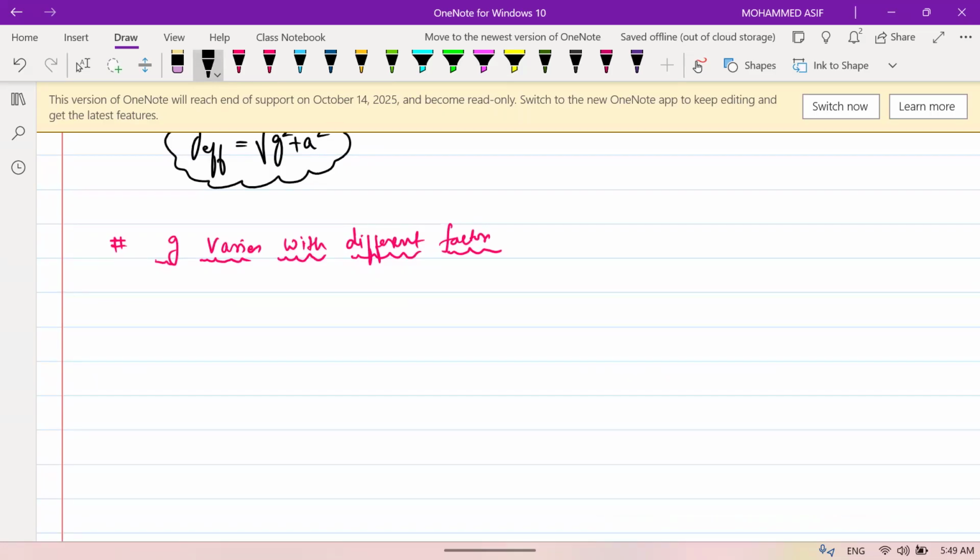So first, if I take it with depth, what is the value of g? g with depth will be equal to g into 1 minus d divided by radius of the earth. And radius of the earth is how much? 6,400 kilometers. Am I clear?